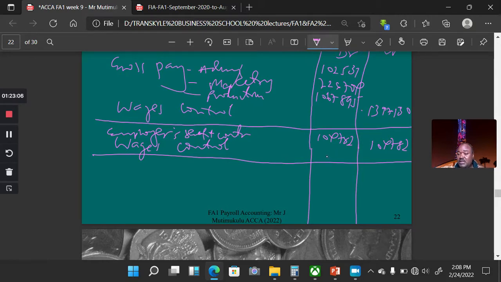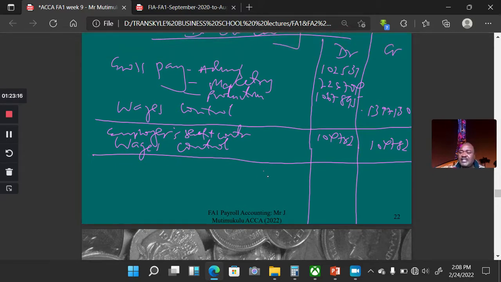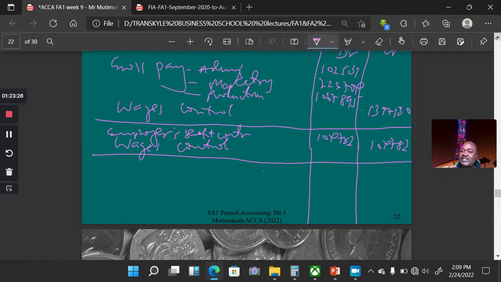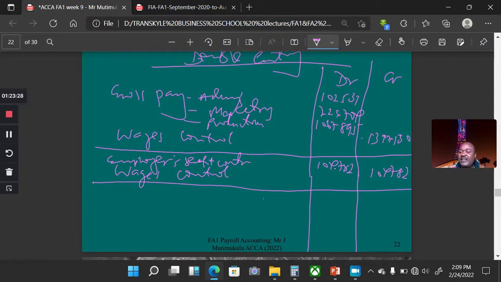If the employee's salary is deducted to pay tax or NASA contributions, that's not a cost to the company. Those are not costs to the entity.